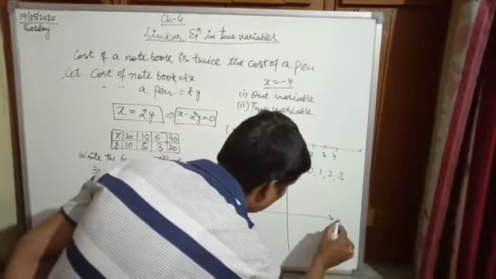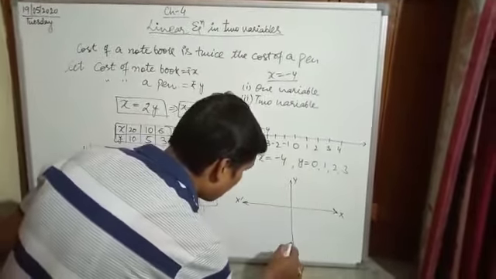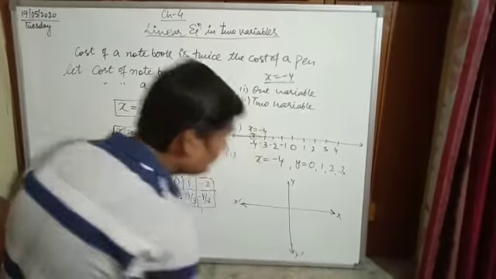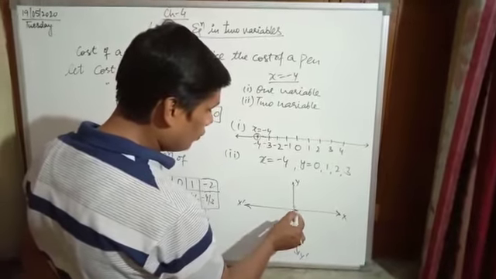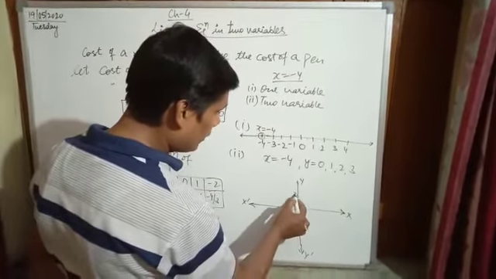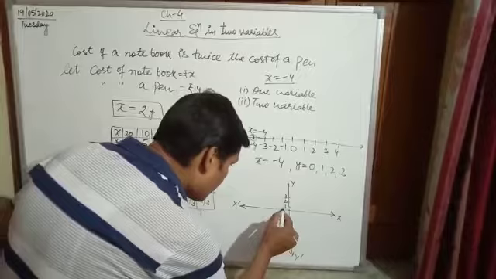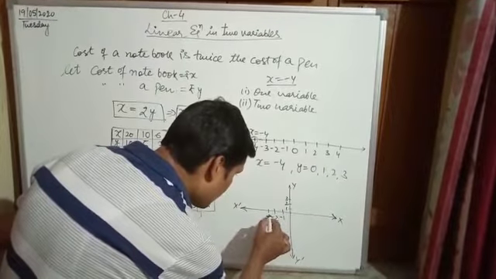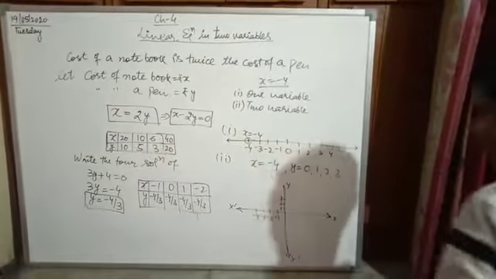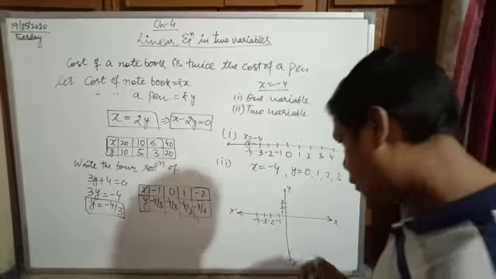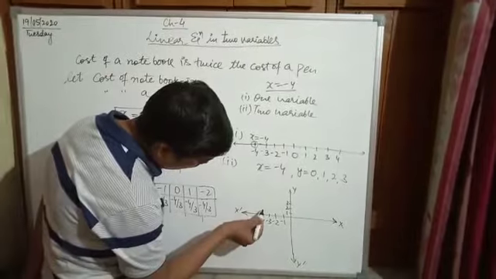For two variables, we have to draw a Cartesian plane. Here y is equal to 0, 1, 2, 3, and x is equal to minus 4. Where is x equal to minus 4? Minus 1, minus 2, minus 3, minus 4. X is equal to minus 4 is fixed, but y is equal to 0 here, y equal to 1 here, 2 here, 3 here.